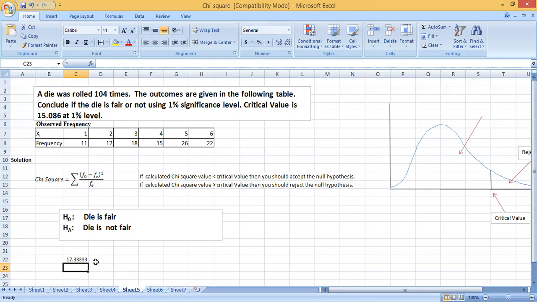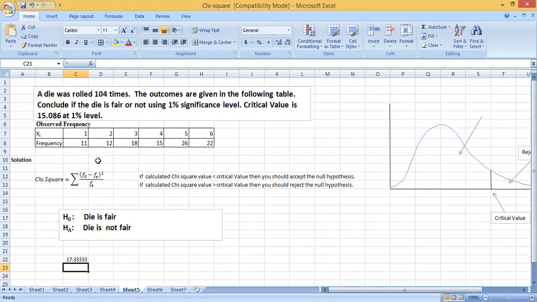This is a fraction. Okay, 17.33. And now I would like to make it a whole number.